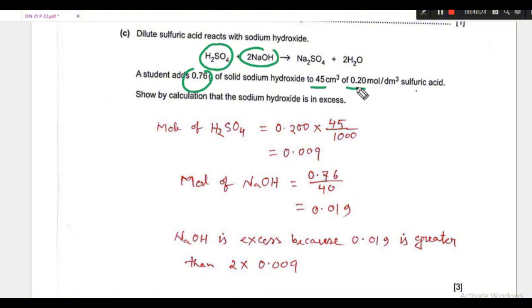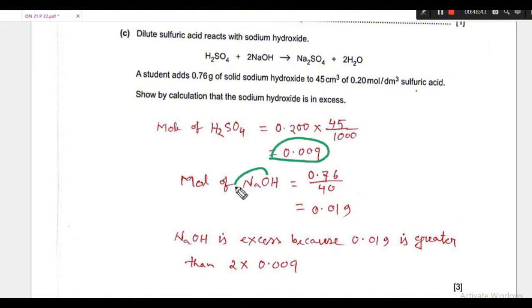So first of all, moles of sulfuric acid is concentration times volume. 40 centimeter cube is converted to dm cube by dividing by 1000. So you get the moles of sulfuric acid.